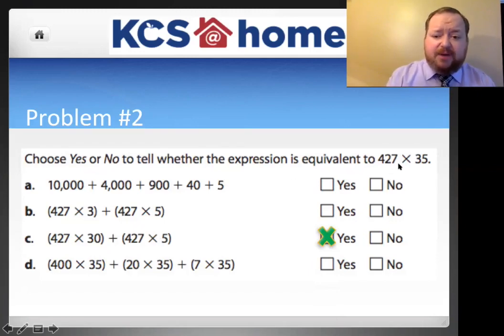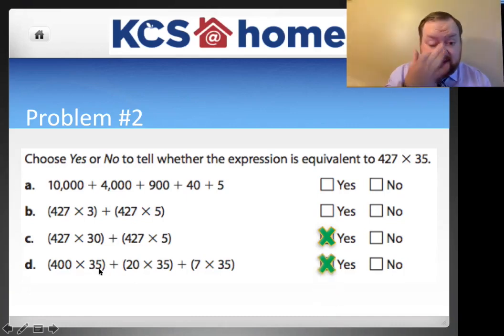They just busted apart that second factor. Letter D, I see that they split apart the first factor, 420 and 7, and multiplied each of those by that second factor of 35. So it also is equivalent. Now looking at letter B, it looks very similar to letters C and D, but I am not sure if it's the same or not.